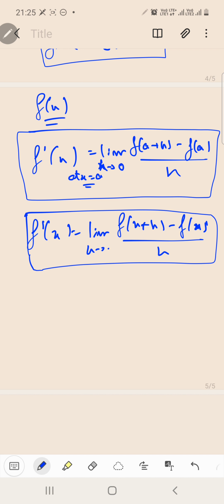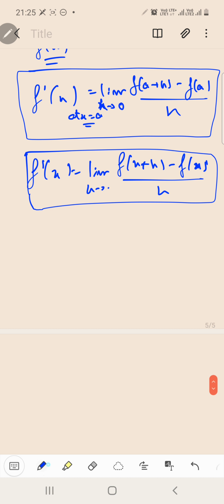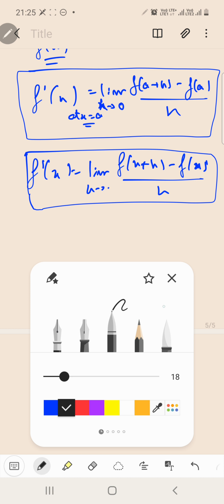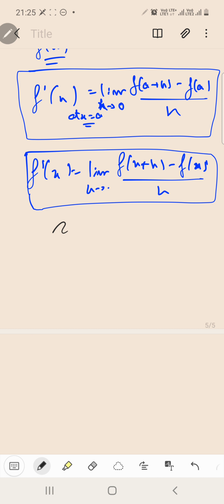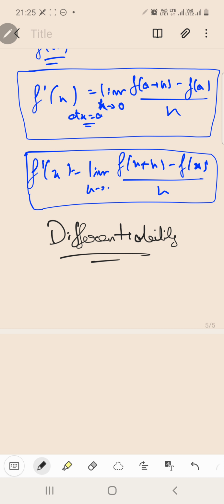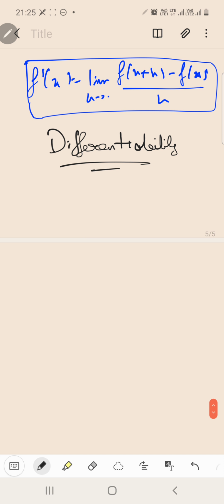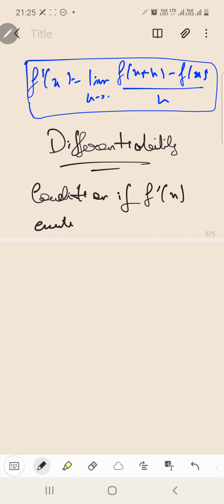Okay guys, so now, as we have understood derivative, we will be understanding the concept of differentiability. Differentiability is basically understanding the condition whether f dash x exists at x equals some x naught or not.